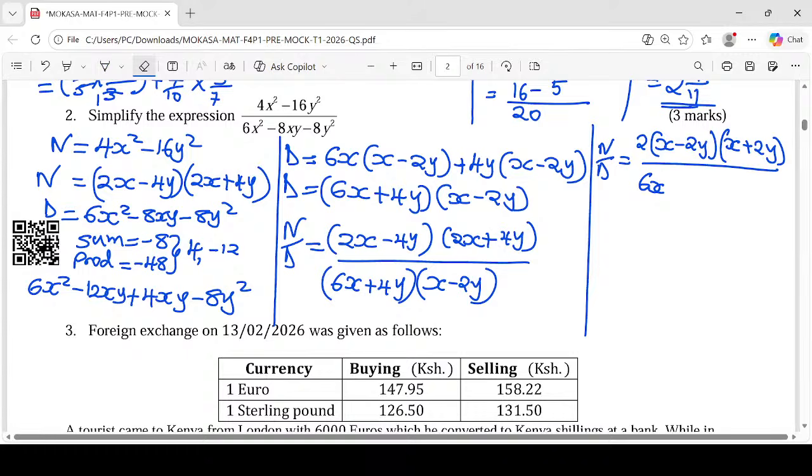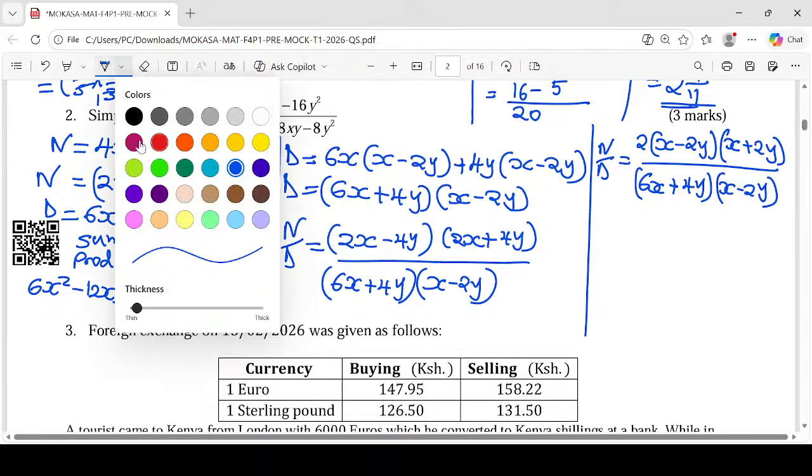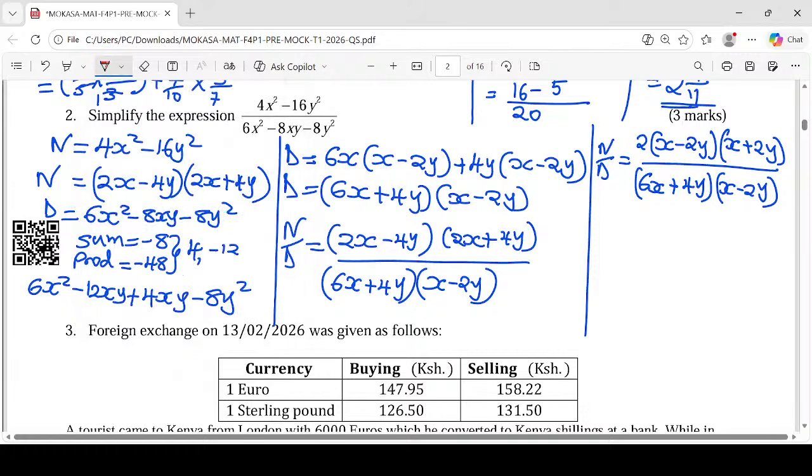We can also factor out the 2, or even first we can maintain. Let me just maintain. I'll show you where it will come. We have 6x plus 4y, then x minus 2y. That's what we have. Looking at the question well, x minus 2y and x minus 2y can cancel.